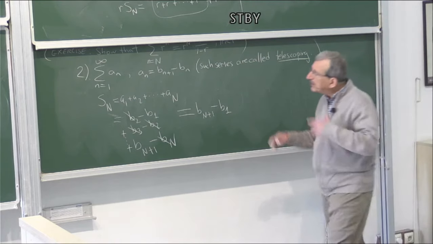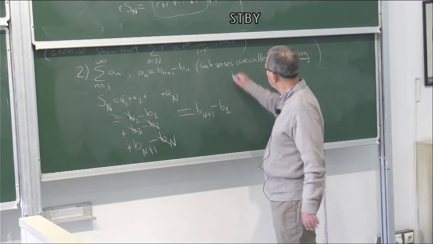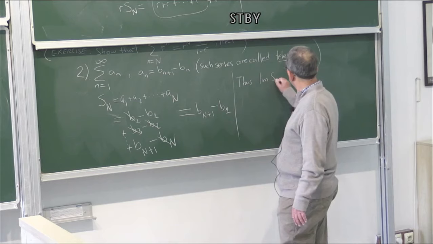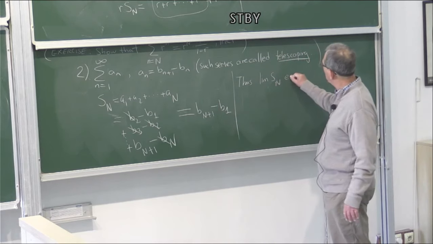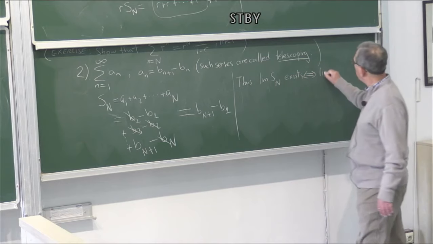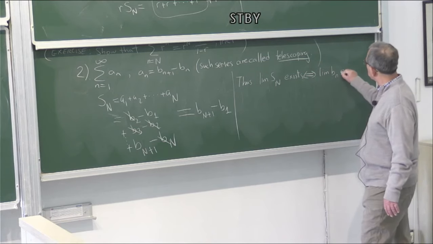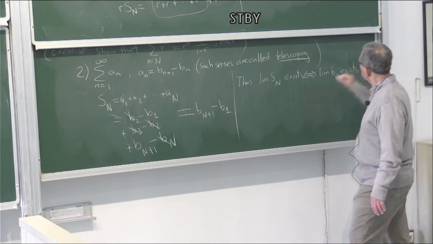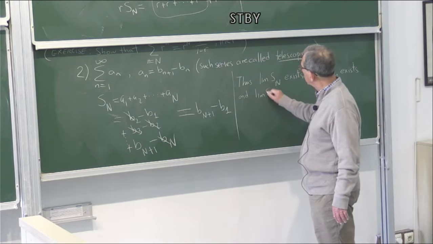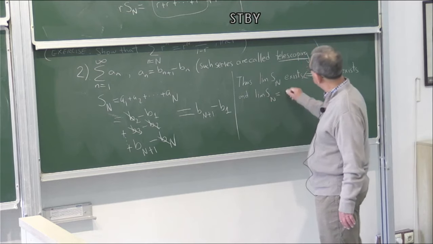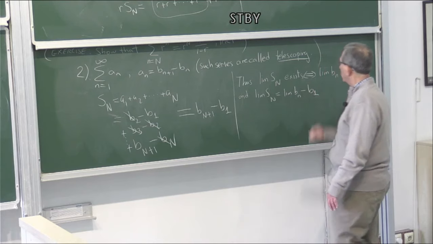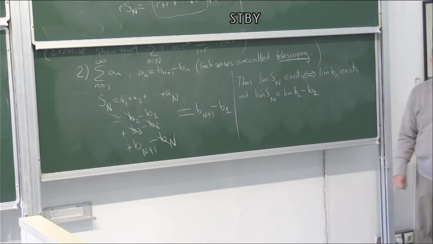So, limit of Sn exists if and only if limit of bn exists. Okay. And limit of Sn is limit of bn minus b1 in this case.